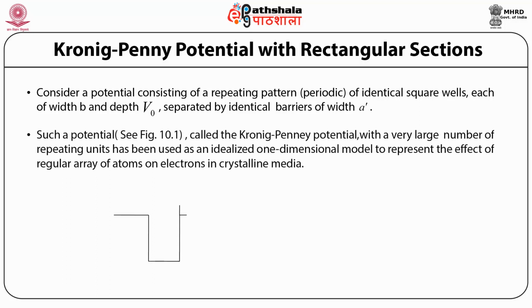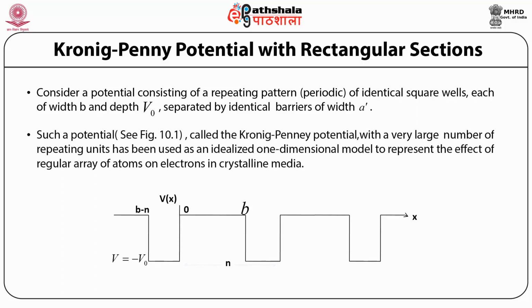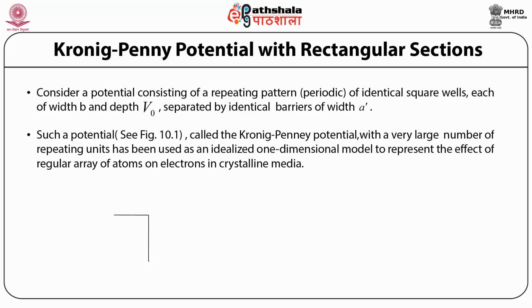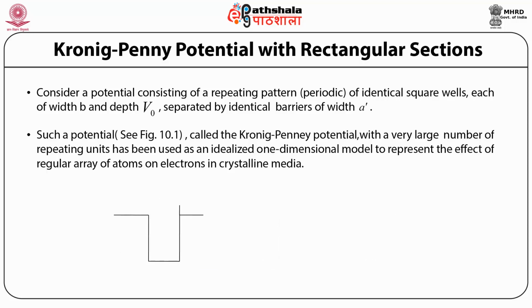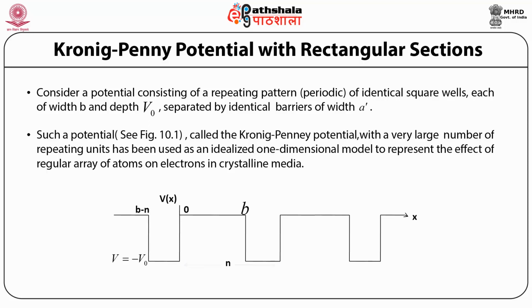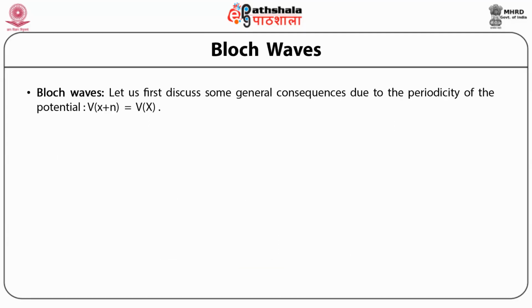Such a potential, which is also shown in the figure, is called the Kronig-Penney potential with a very large number of repeating units, and has been used as an idealized one-dimensional model to represent the effect of a regular array of atoms on electrons in crystalline media. Now, what are Bloch waves?